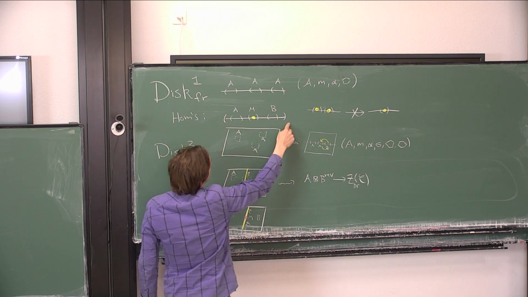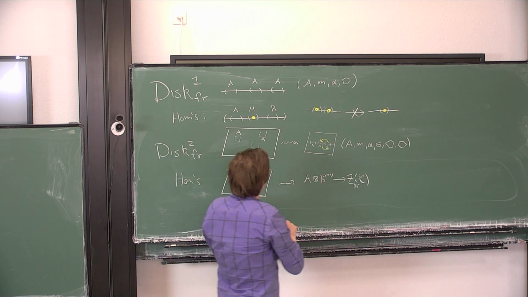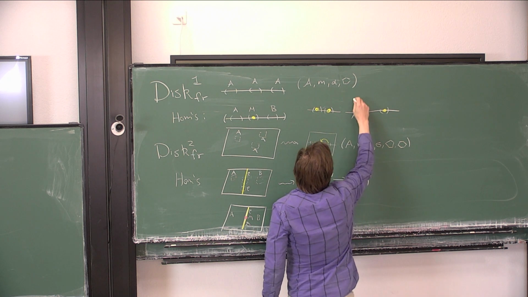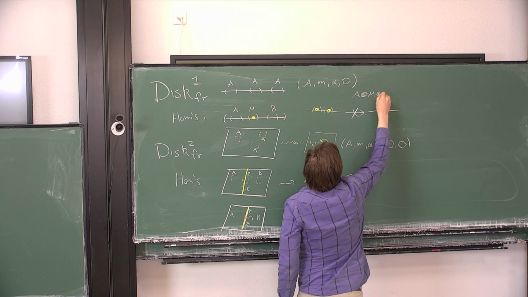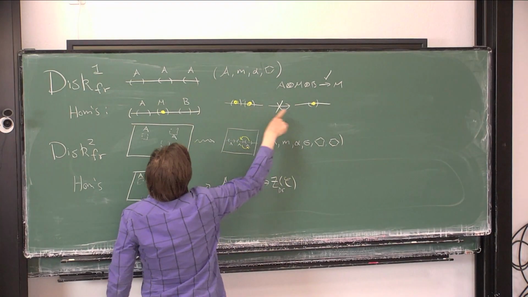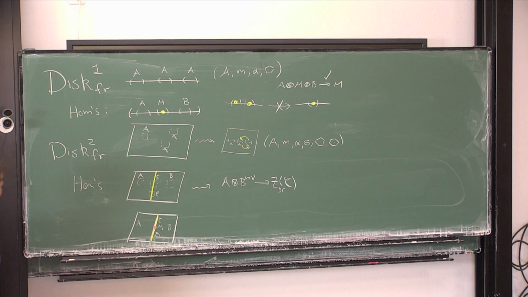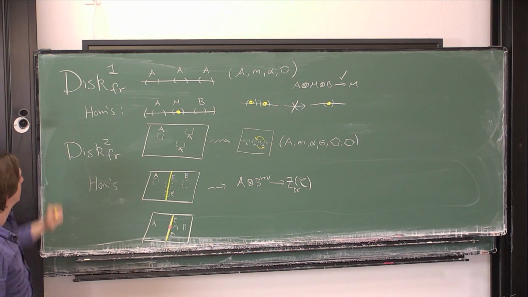And notice that this bigger disk is just another copy of the little disk. So this tells me that I do have A tensor M tensor B mapping to M, even though M doesn't have a monoidal structure. Okay, so in a minute I'll say how we're going to combine those into a category.